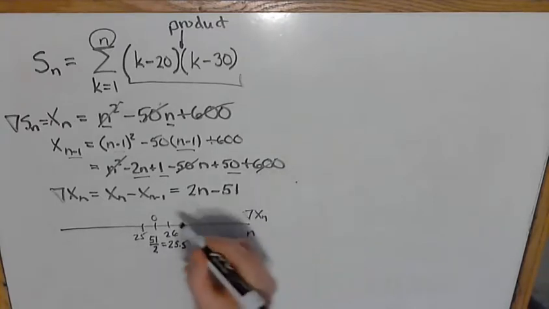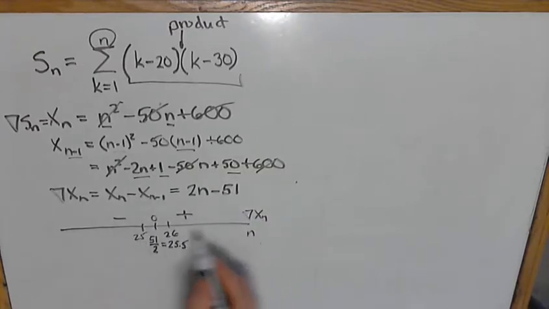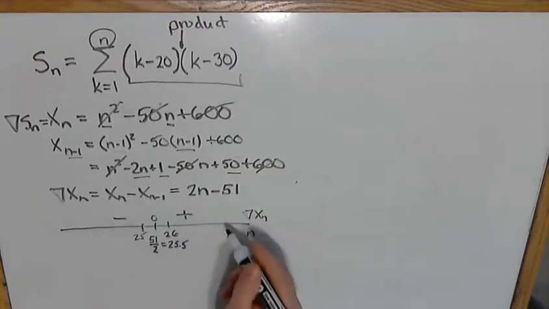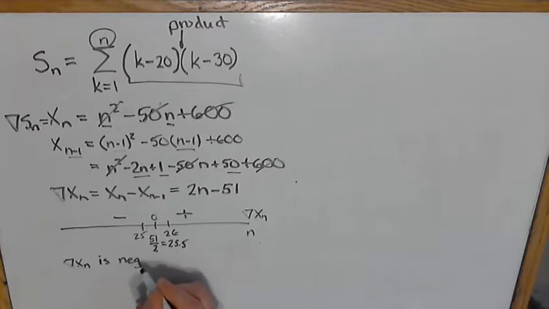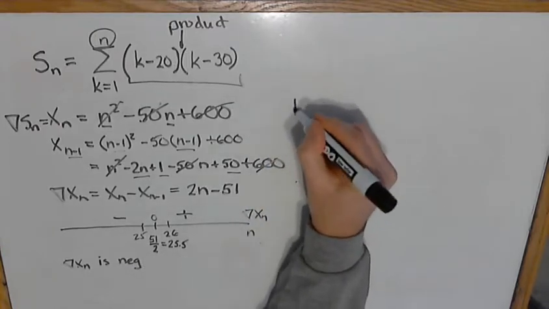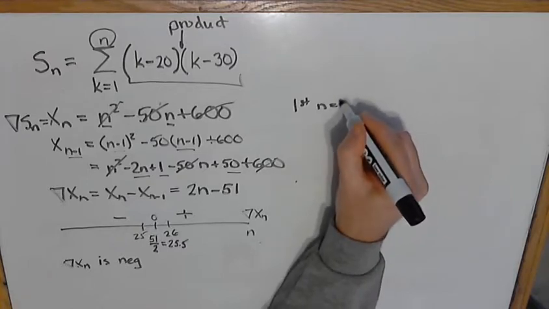If I put 26 in, I get positive values. If I put 25 in, I get negative values. And so I now have information about my increments. My increment for xn is negative.